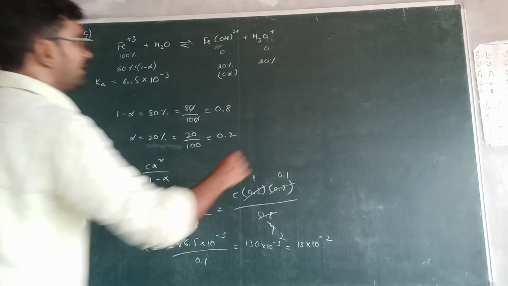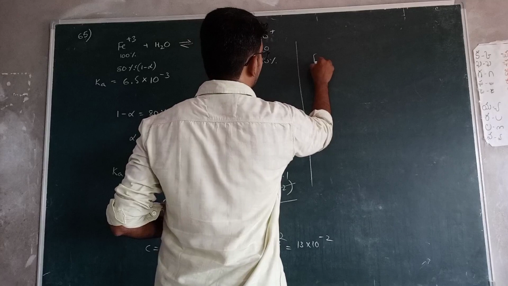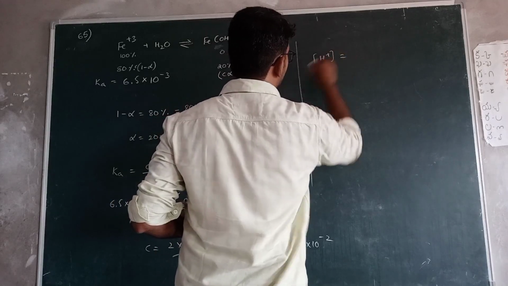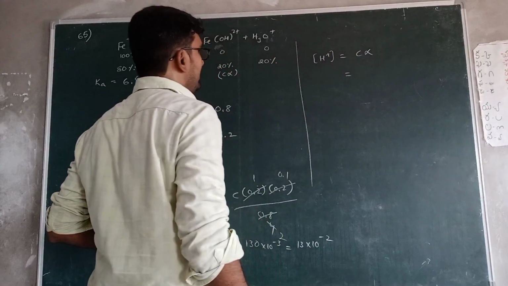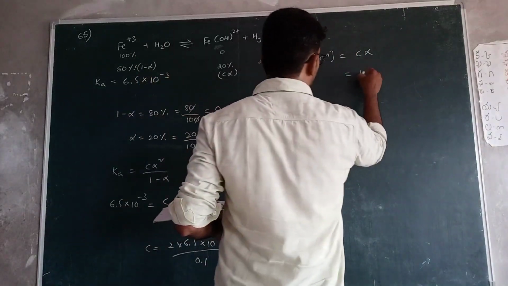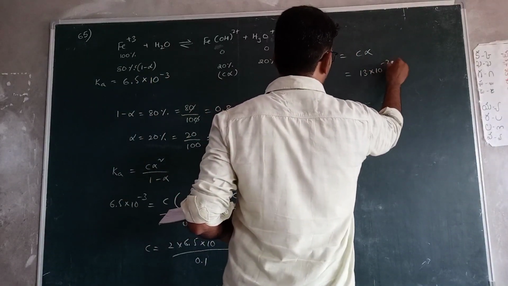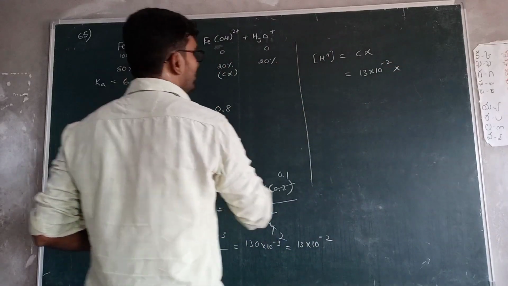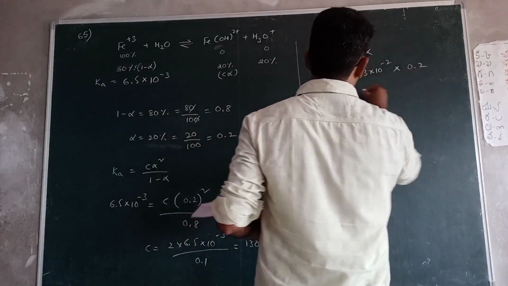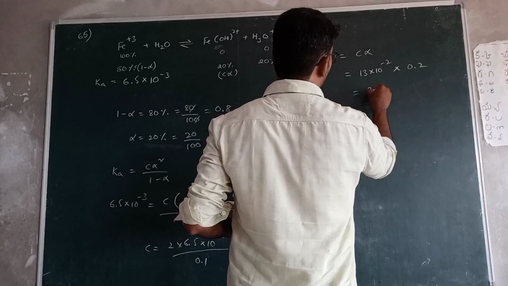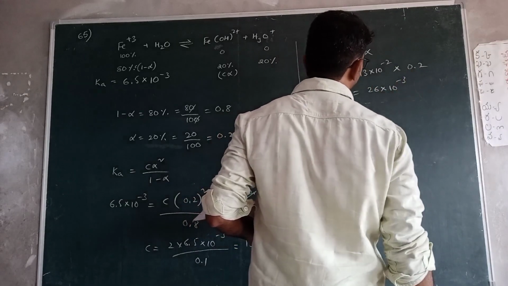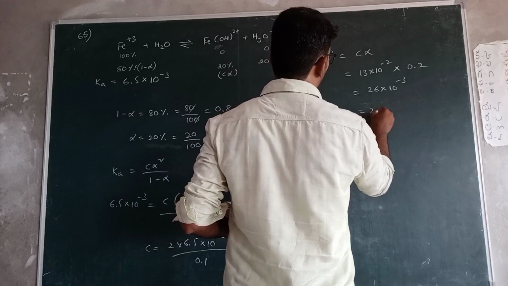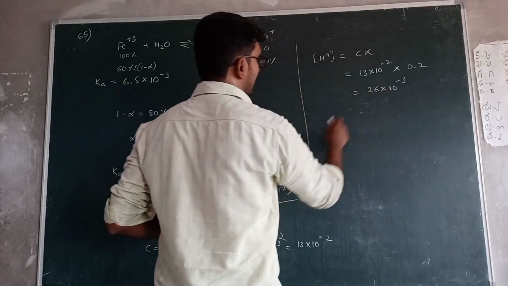Now calculate the concentration of H+. Concentration of H+ is equal to C alpha. C value is 30 into 10 to the power of minus 2, alpha value 0.2, so it is 26 into 10 to the power of minus 3. So this is the H+ concentration.